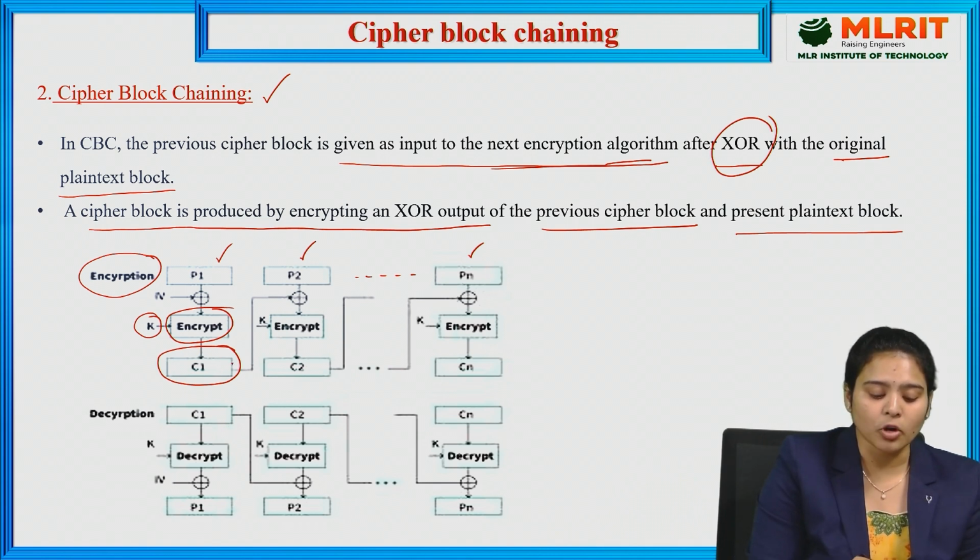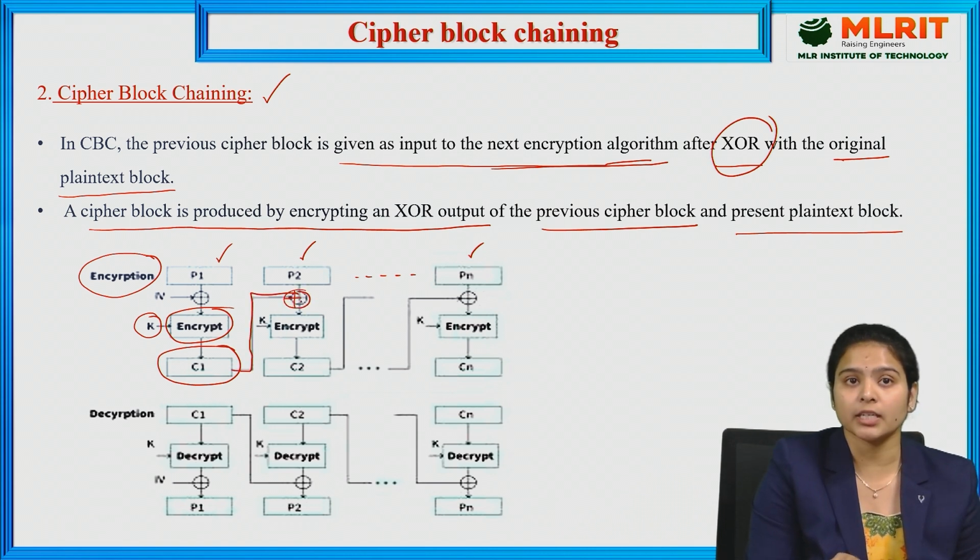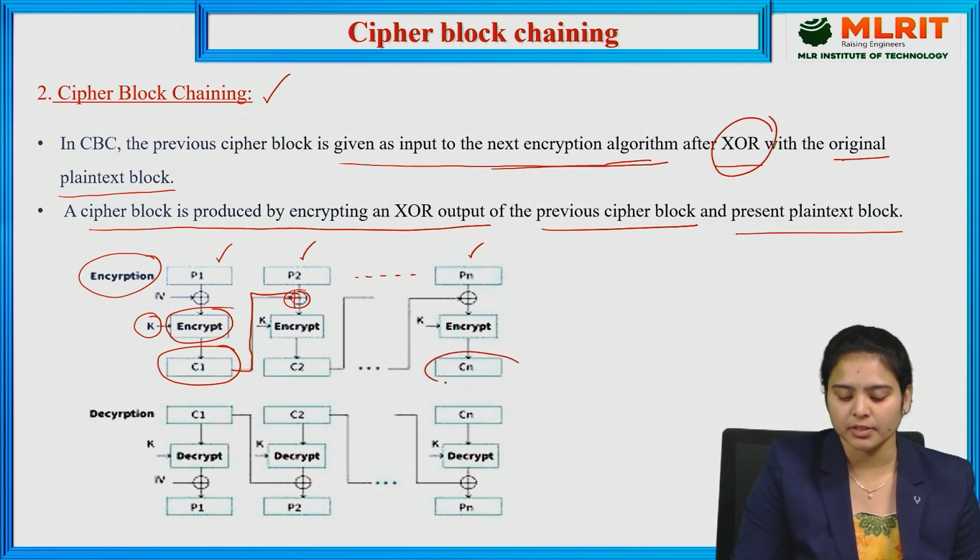The output we got here, we need to connect with the XOR operation, and we need to get the output of the next ciphertext, and so on up to the nth ciphertext output.